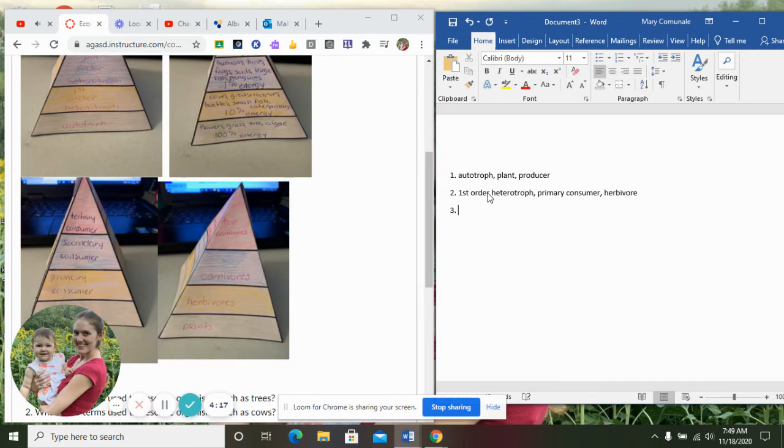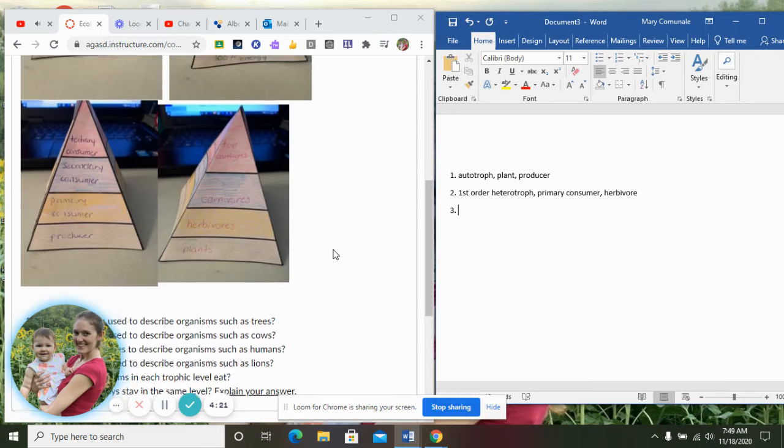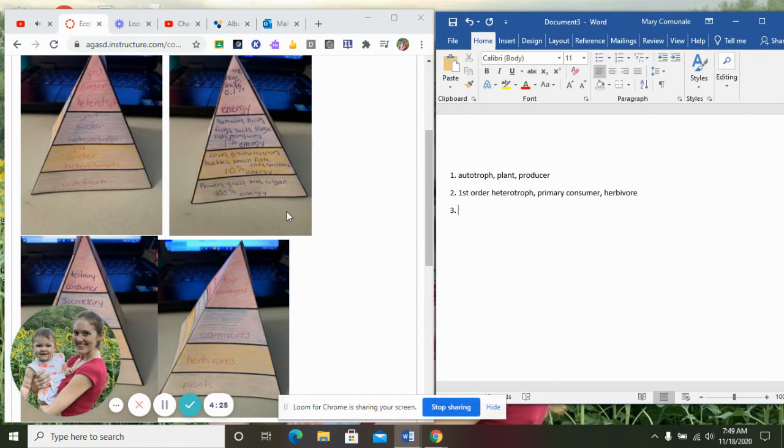Okay, number 3. 3 terms to describe organisms such as humans. So now we're in the blue section, so that is going to be a second order heterotroph, a carnivore, or a secondary consumer.